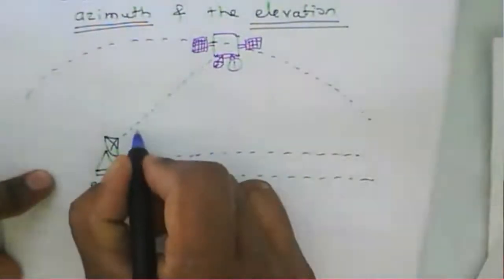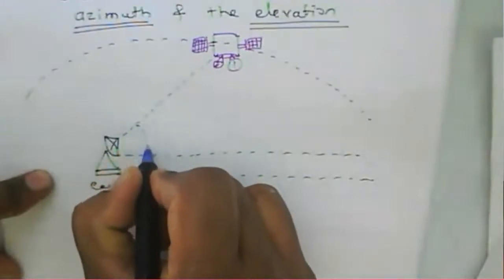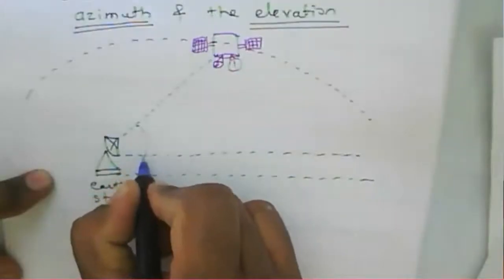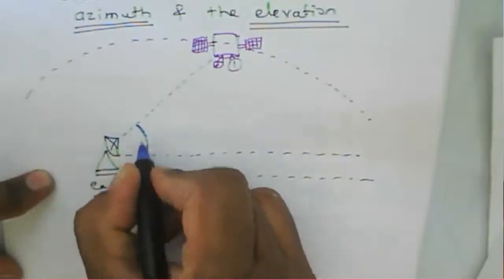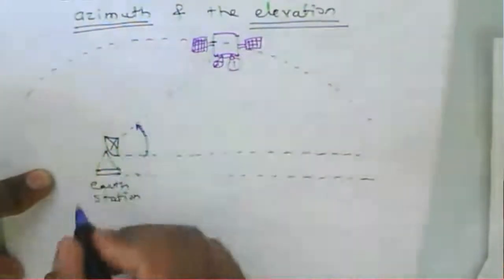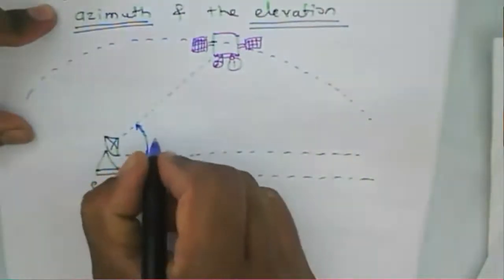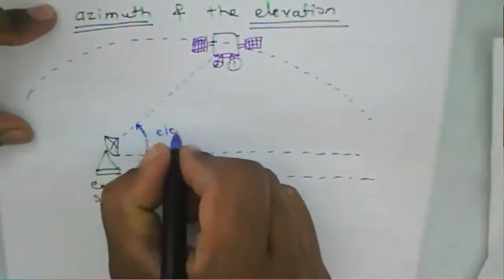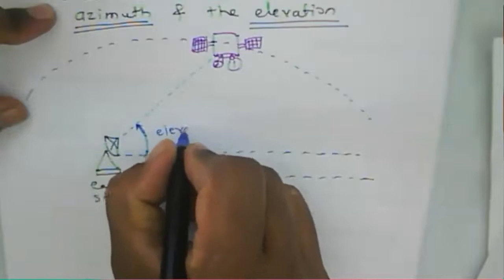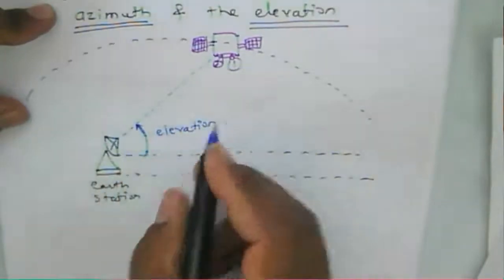From this local horizontal toward the satellite, from this particular line drawn from the earth station to the satellite, that is nothing but the elevation. That angle is called an elevation angle.